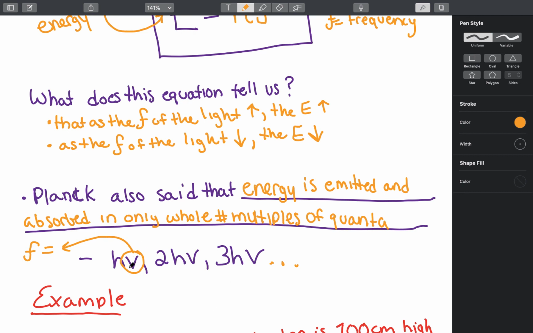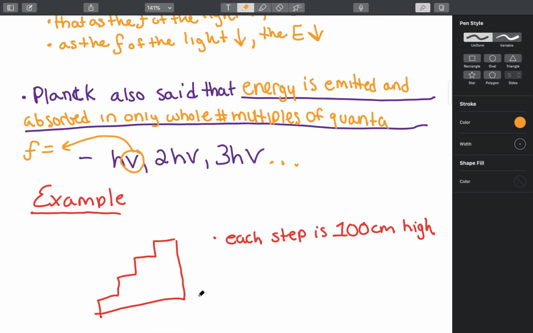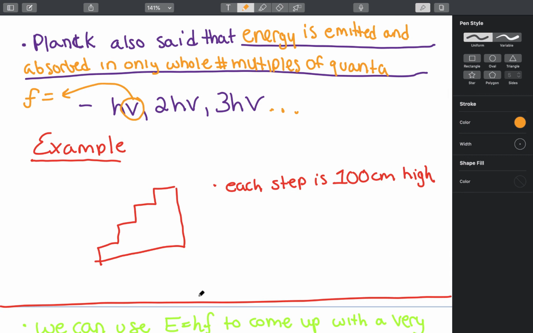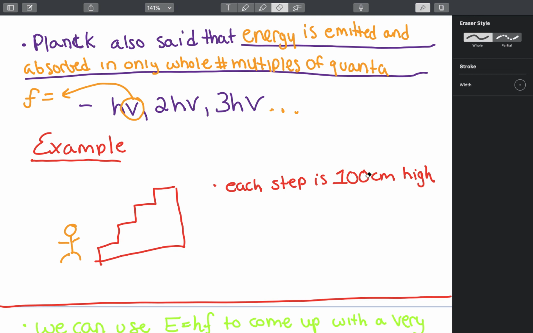I know this probably doesn't make too much sense, so I came up with an example, a very famous example that a lot of textbooks use. Imagine that you are walking up the steps. Each step is around 100 centimeters high. Actually, that's pretty big, so let's decrease that a bit.